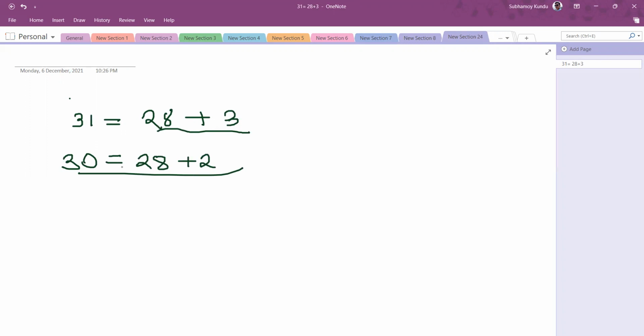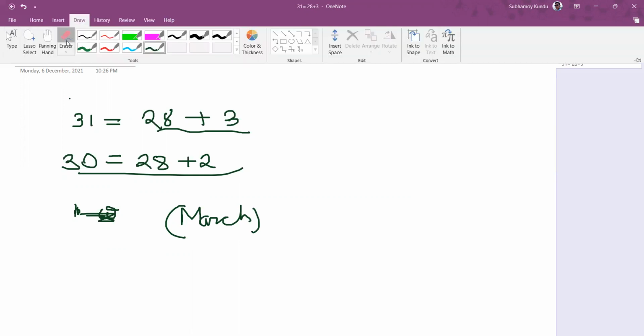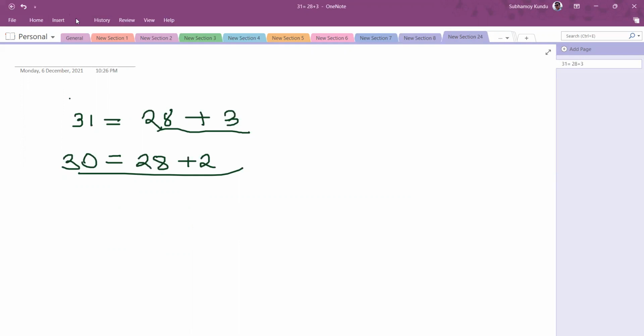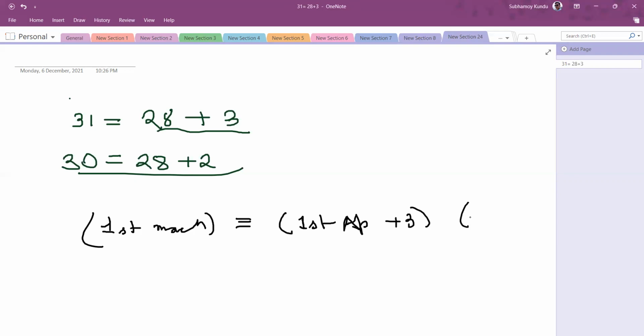So always, if it is March, the day of 1st March is always congruent modulo to 1st of April plus 3, right? So 28 plus 7.